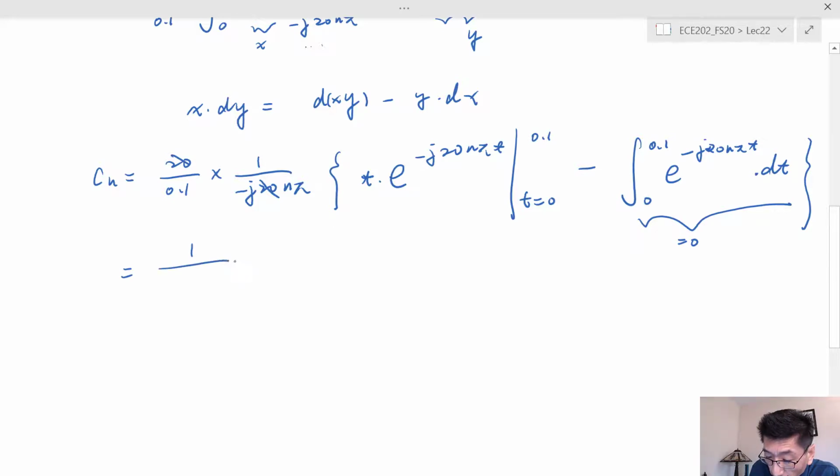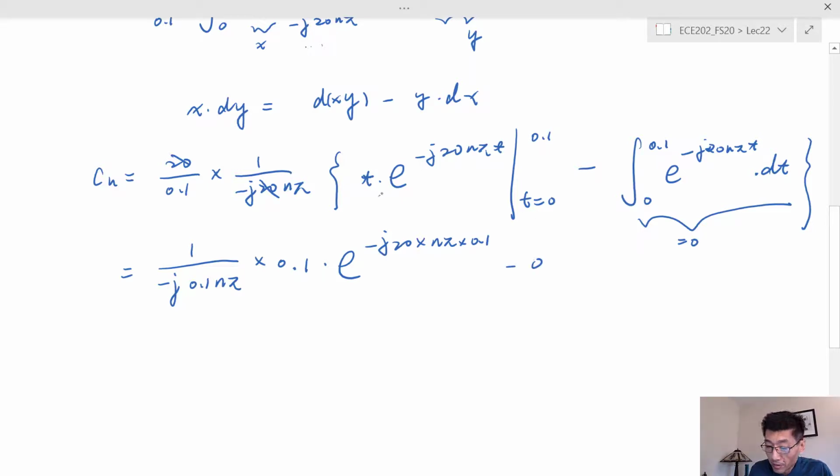So we have 1 over negative j 0.1 n pi. And inside this we have 0.1. So t we replace t by 0.1 times e to the minus j 20 times 0.1, no, 20 n pi, and minus 0, right?